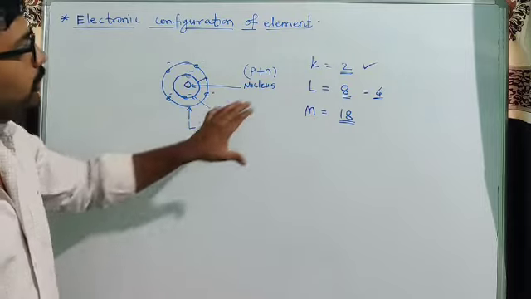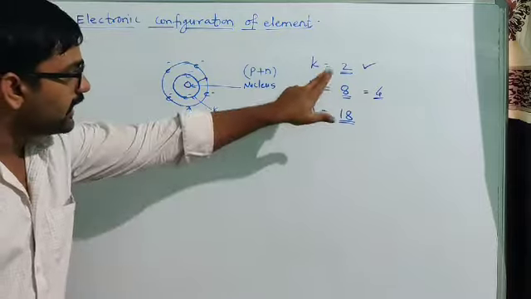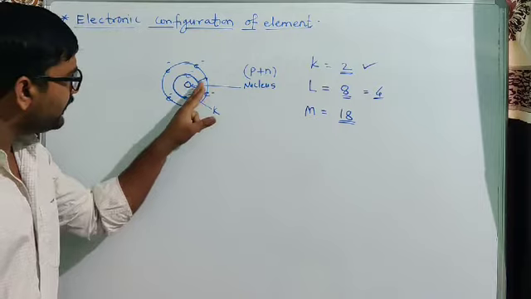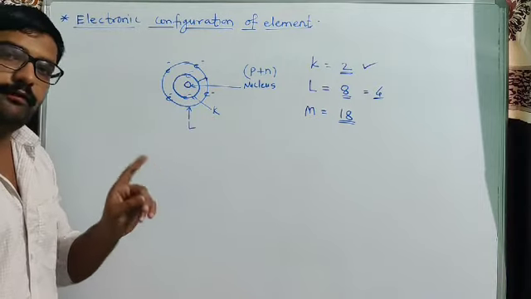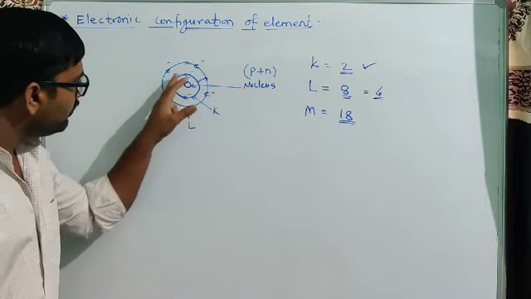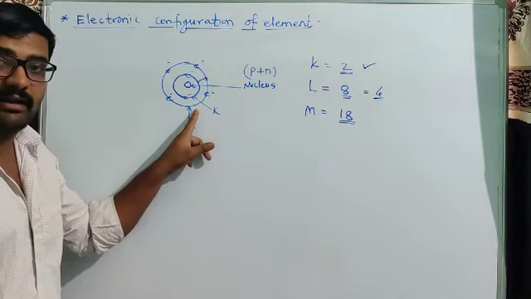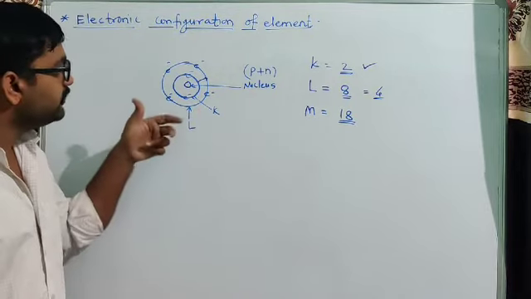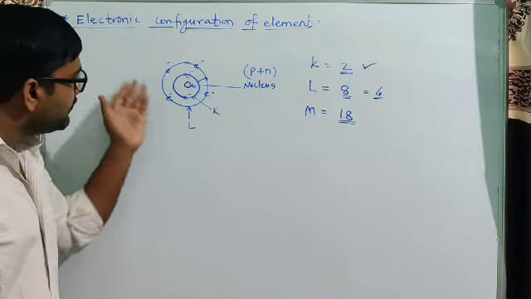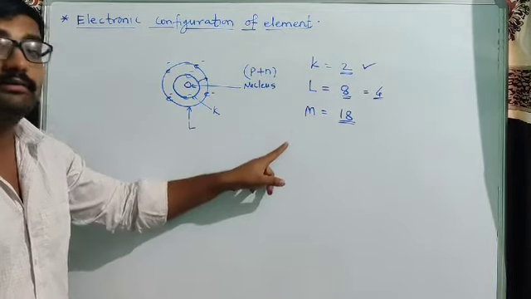If we observe the shells and their maximum capacity, the K shell has a maximum capacity of 2 electrons, so we will never find a third electron there. A hydrogen atom contains only 1 electron, so that 1 electron will be in the first shell, not in the L shell. First 2 electrons are added in the K shell, then the remaining electrons are added according to the different shells, and the capacity of each shell is fixed.